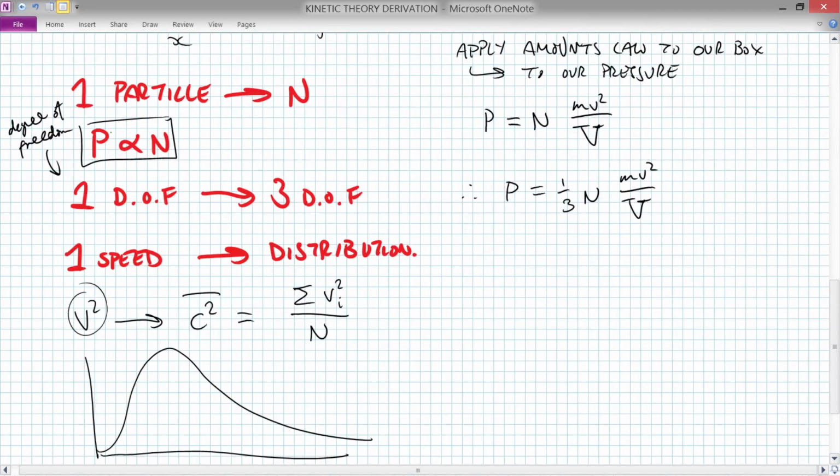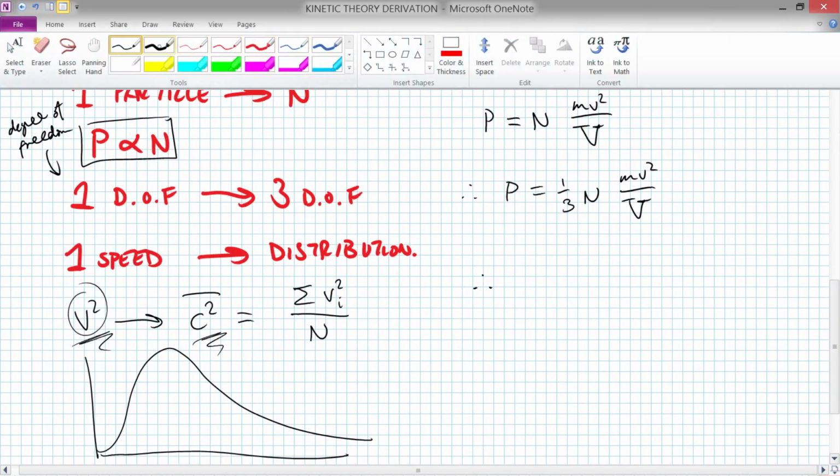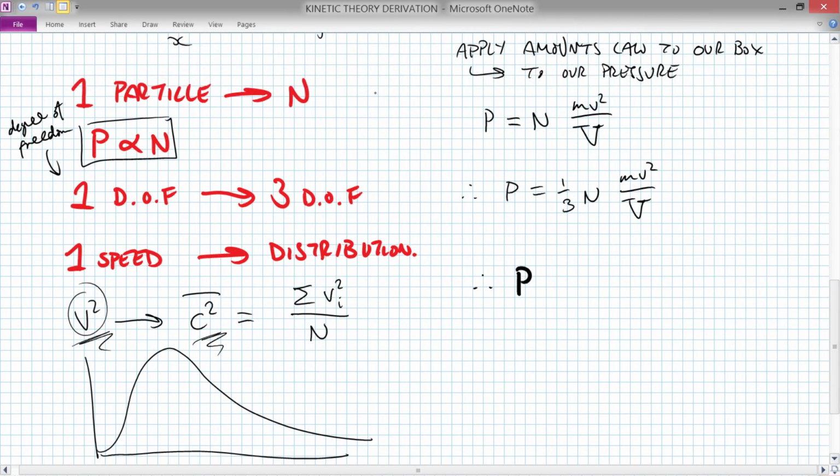So all we're doing now is swapping our single velocity with this mean of the distribution of velocities. So that brings our final equation, and I'll do it in bold: P is equal to a third n m mean c squared divided by our big V. That was the final equation we came to.